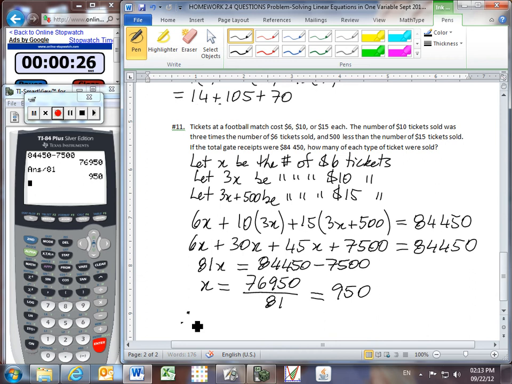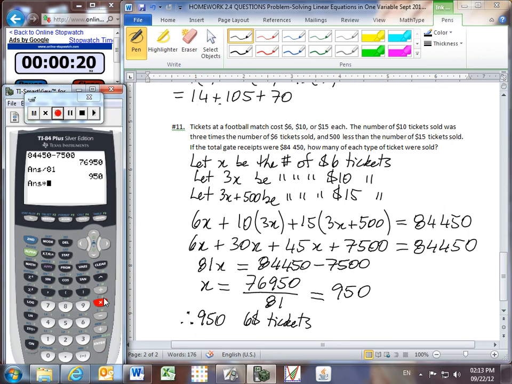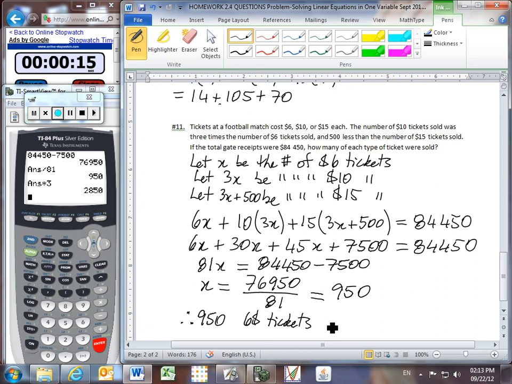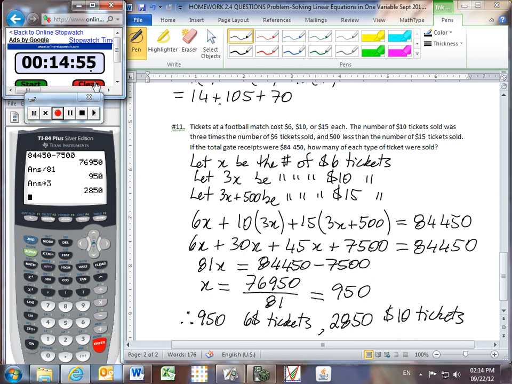So therefore 950 $6 tickets, 3 times the number of that, we know that we got 3 times as many $10 tickets, so we can see that's 2,850 $10 tickets, and of course we can subtract that total to end up finding the total number of $15 tickets, but I'll leave that for you.